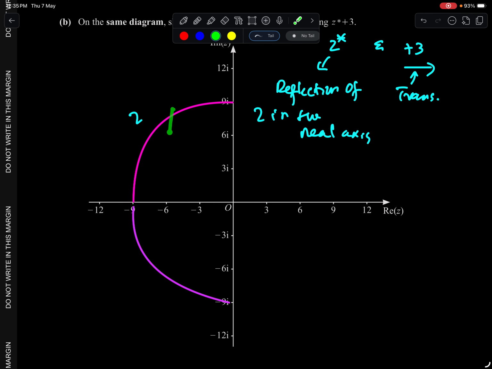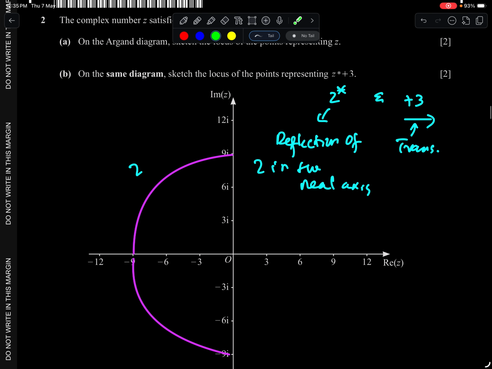So this is reflected here. Now we have to shift. We have done the conjugate part. This is the conjugate.